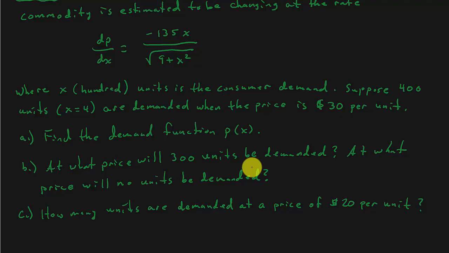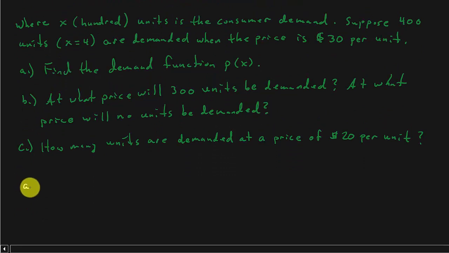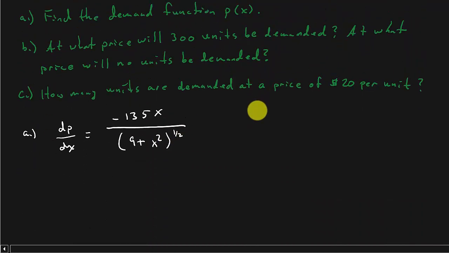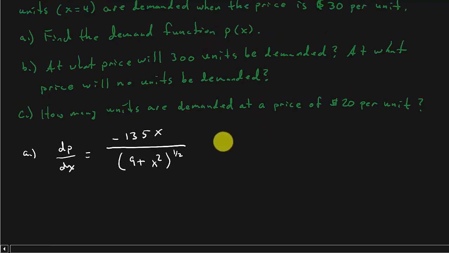All right, so let's see what we can do here. For part A, I'm going to write down that function again. dp dx is equal to negative 135x over the square root. And you know what I'm going to do? Instead of writing square root, I'm going to write 9 plus x squared to the 1/2. Okay? So it says find the demand function p of x.